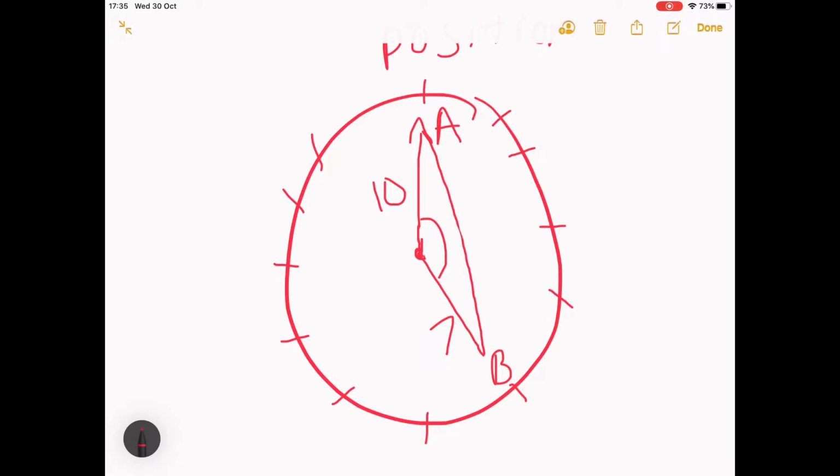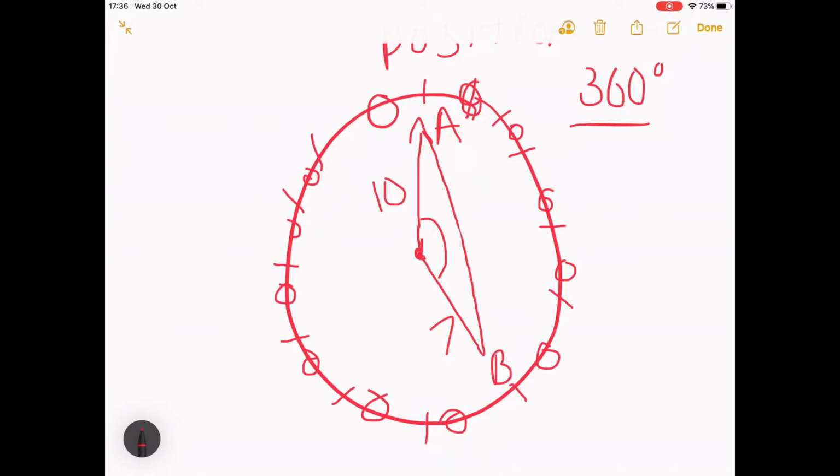So we know that there's 360 degrees in a circle, and we know that there are 1, 2, 3, 4, 5, 6, 7, 8, 9, 10, 11, 12 spaces. So we do 360 over 12, which gets us to 30. So now we know that each space, so these angles are 30 degrees.